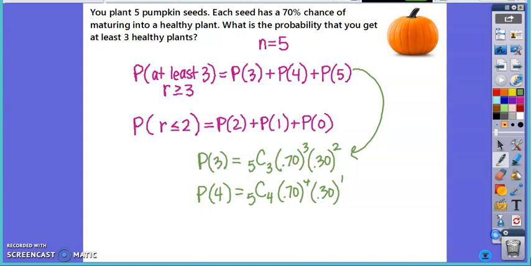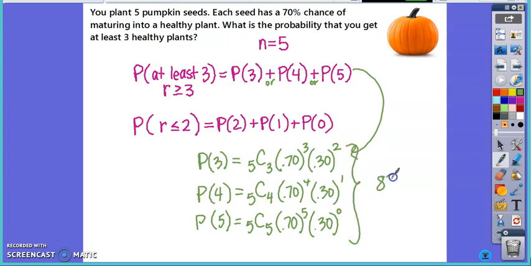Oops. And since I was saying this is an or, right, either 3 or 4 or 5, we would just add all those together, and I'm getting an 83.7% chance of having at least 3 healthy plants.